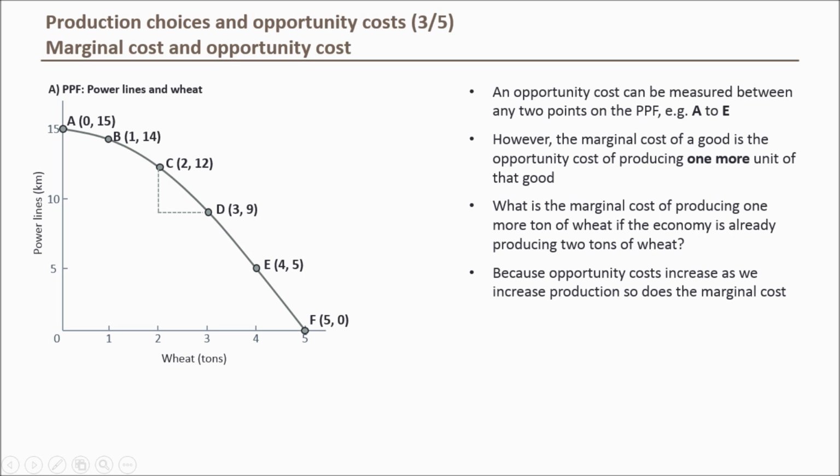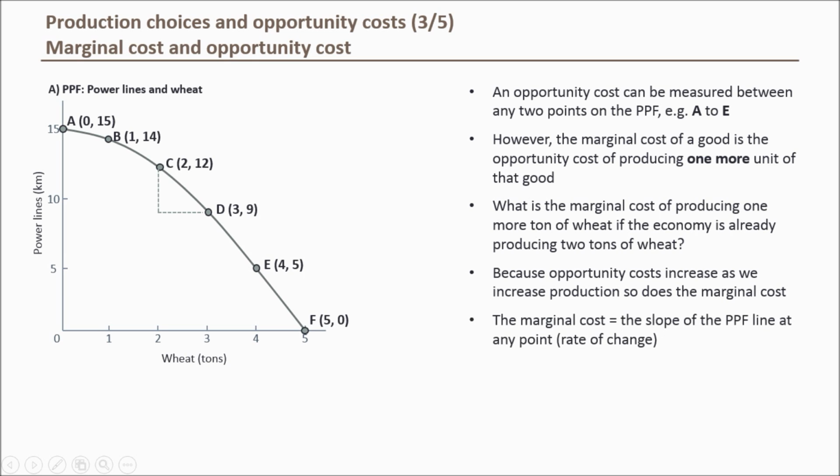For every increase in the production of 1 ton of wheat, productive resources, which are ever more efficient at producing power lines, are shifted towards farming wheat. Thus the marginal cost as we produce more wheat increases, in line with the law of increasing opportunity costs.